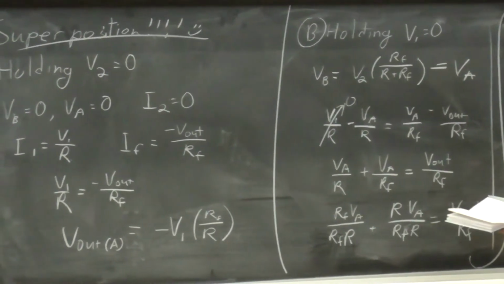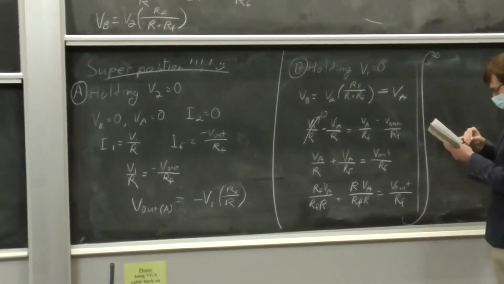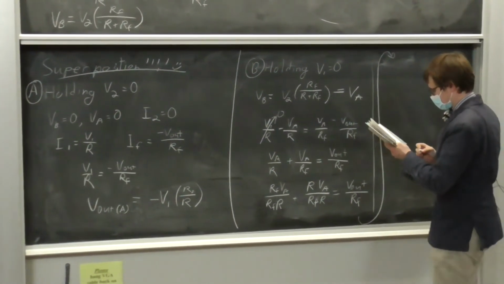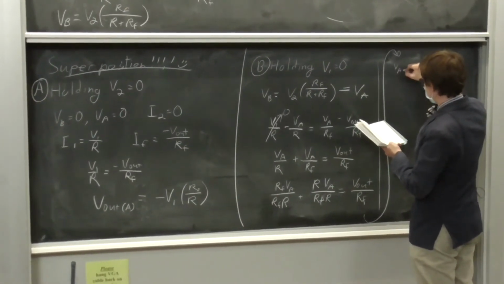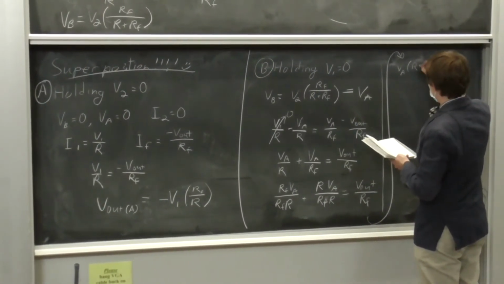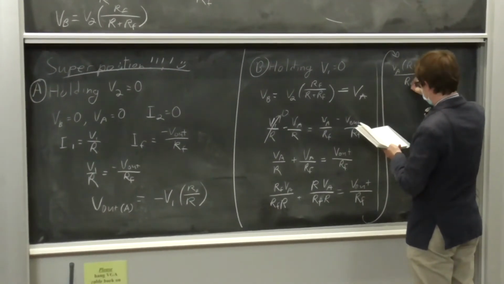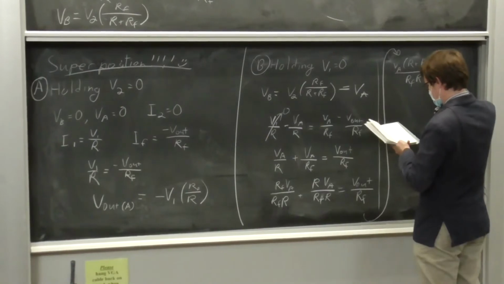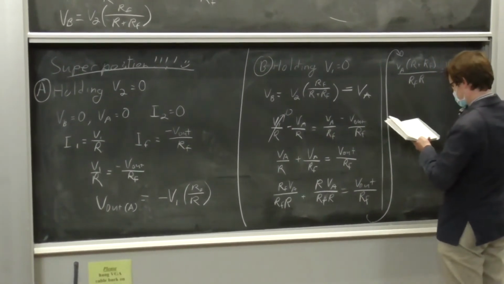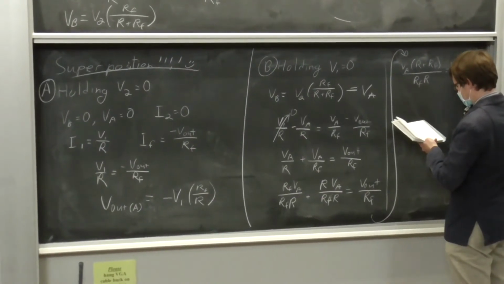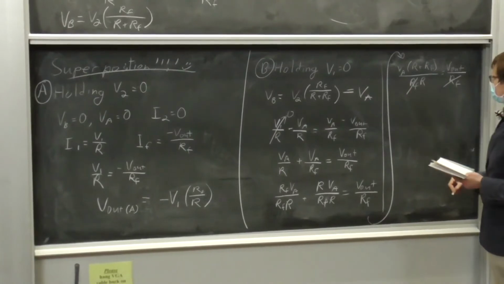Can I just continue over here? So collecting these terms, we can say VA times R plus RF over RF R is equal to V out over RF. And we can cancel these terms.